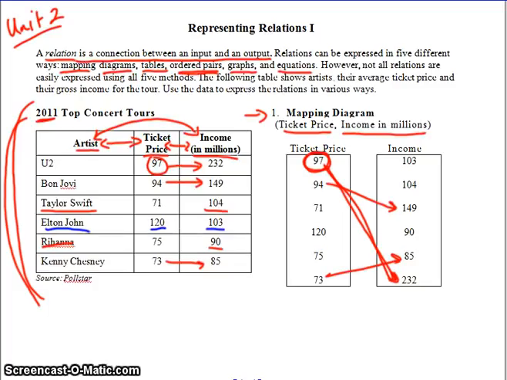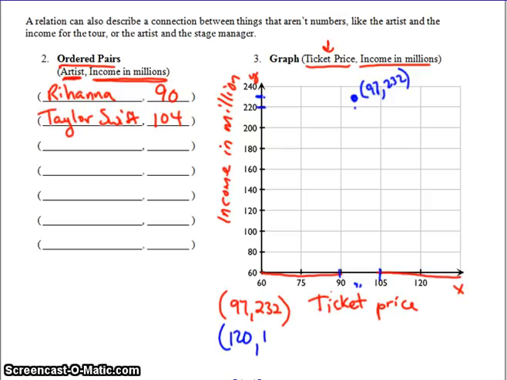Nope, 120 to 103. His ticket price was 120, which is here, and he made 103, which 100's here. So I'm going to go just above 100. 120 to 103.